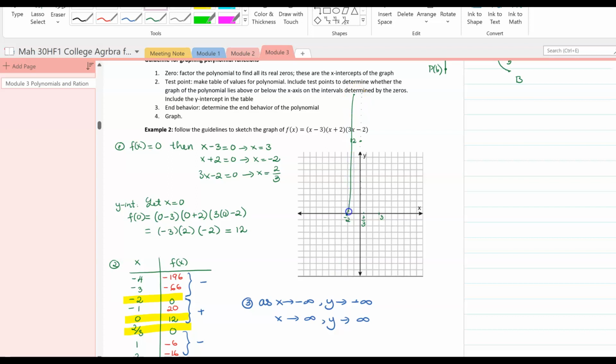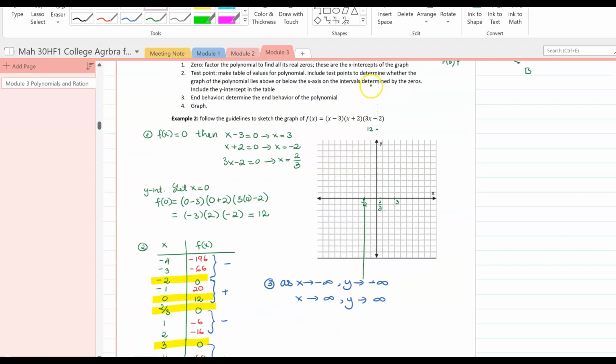On this side, it looks like it's going straight down. And then it turns around and goes down to 12, crossing the axis at 12. I'll try to make it as pretty as we can.